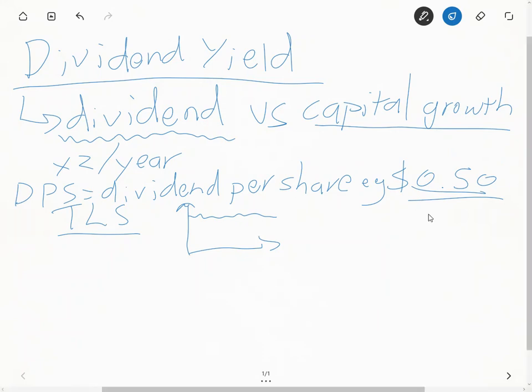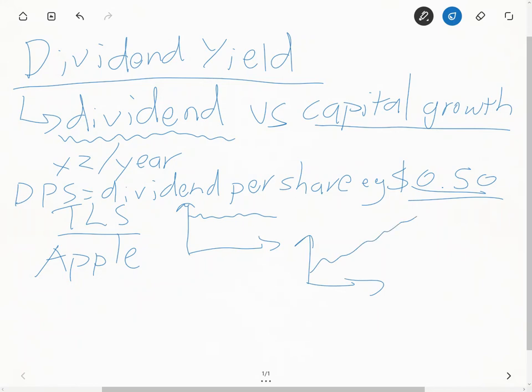Now, another company actually outside of Australia, Apple, is known to focus on capital growth. For many, many years, Apple did not pay a dividend because they felt they could put that money back into the company and grow the company. If you have a look at Apple's share price, it's just gone up and up and up.